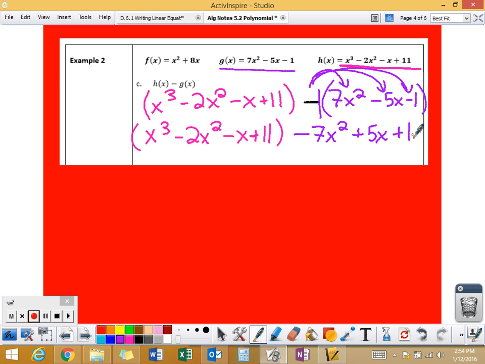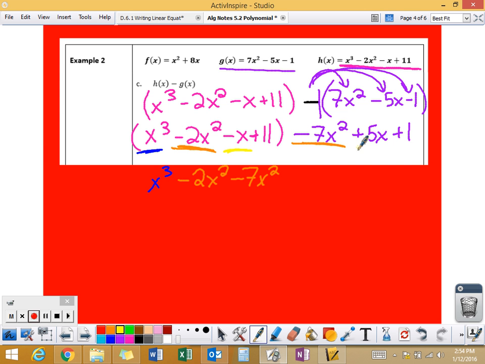Okay? Now let's rewrite it so that similar things are together. So the x to the third is by itself. I will write x to the third at the beginning. Next up, we have the x squared terms. Underline both of those and write them next to each other. Negative 2x squared minus 7x squared. The next terms that are alike are the x terms.